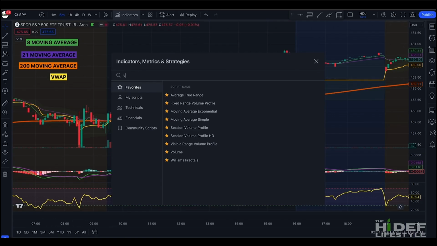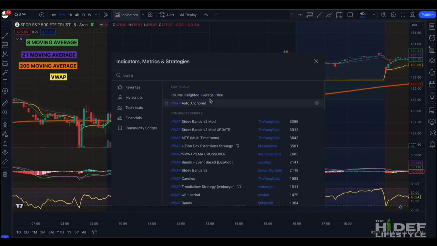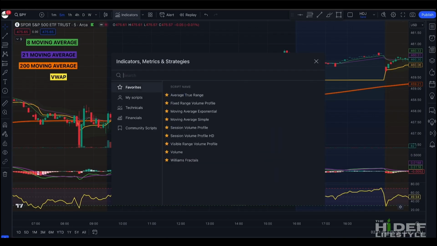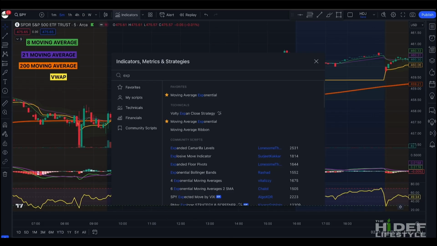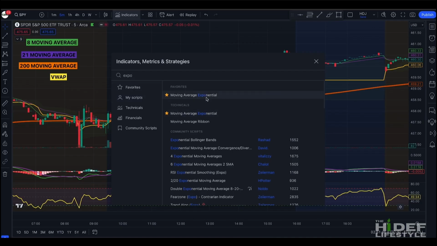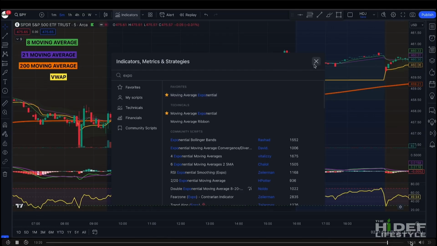So let's say VWAP, type in VWAP, there it is. You click on that and it'll add it to your chart. Same thing with the moving averages. You type in moving average, and I like to go exponential moving average. All right, exponential moving average, and we have that here. You click on that, it'll add it to your chart.